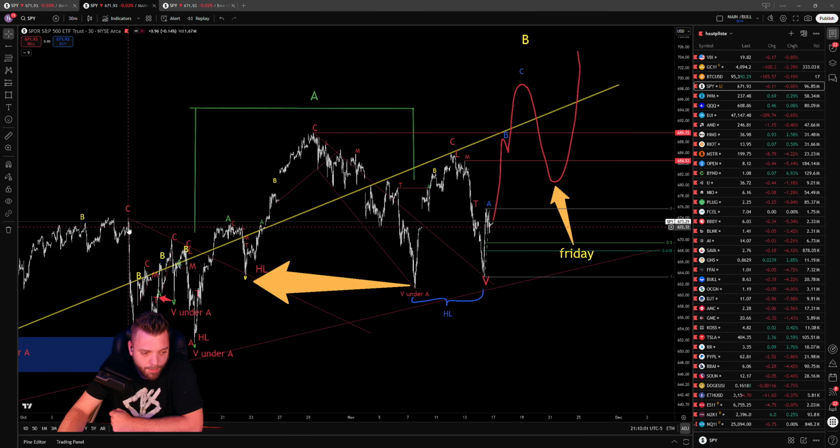Because from October 10, 2025, this was our higher low for this A. From October 16 to November 7, this is our, it's not middle A, I would call it small a, and all these little ones are the tiny A's.